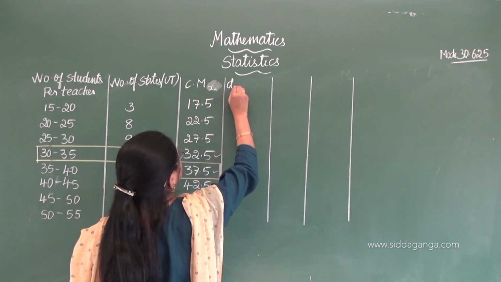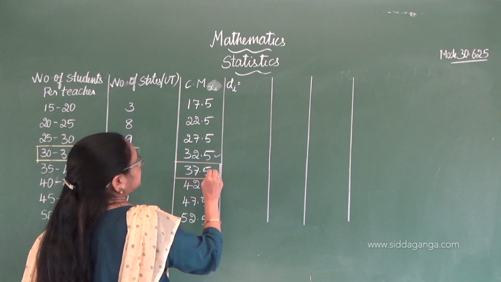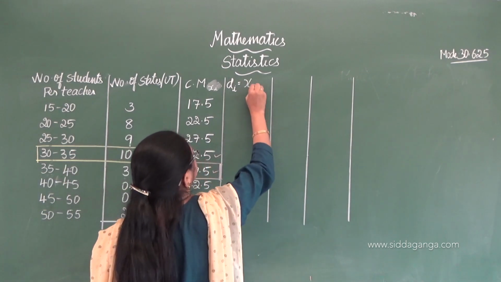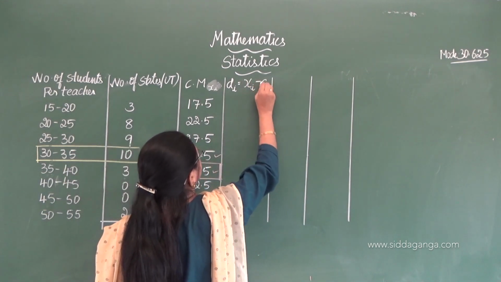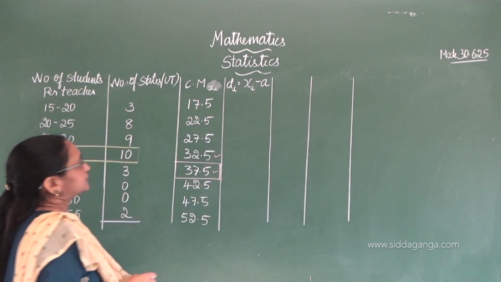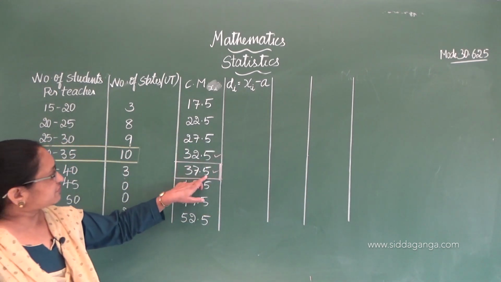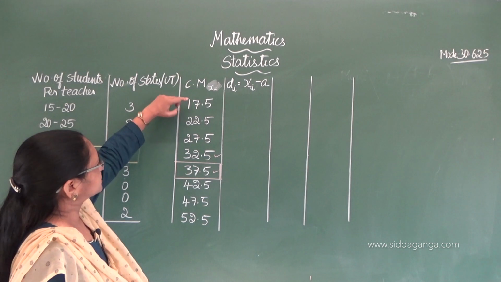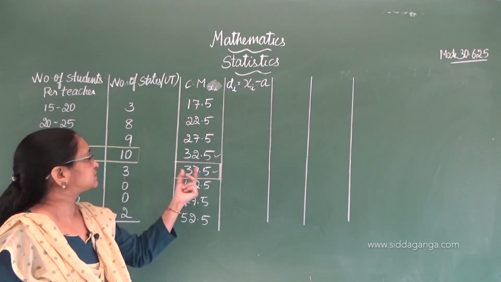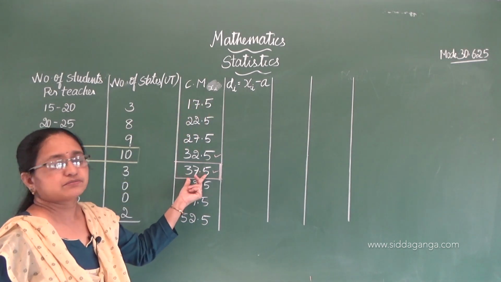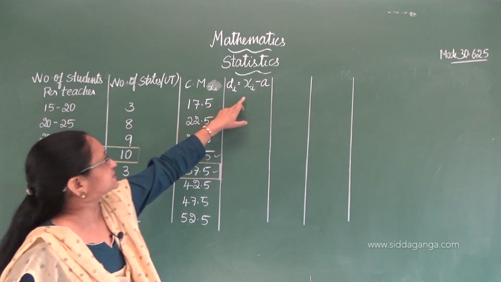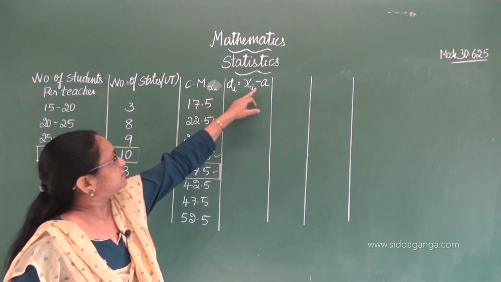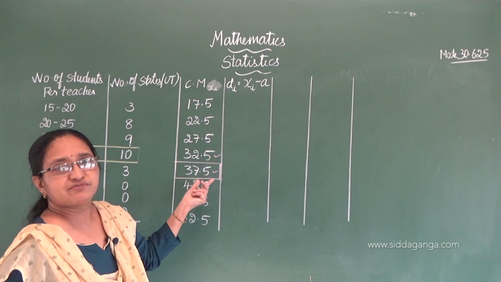Now di, deviation, assumed mean. So xi minus a. So xi is 17.5 minus 37.5.